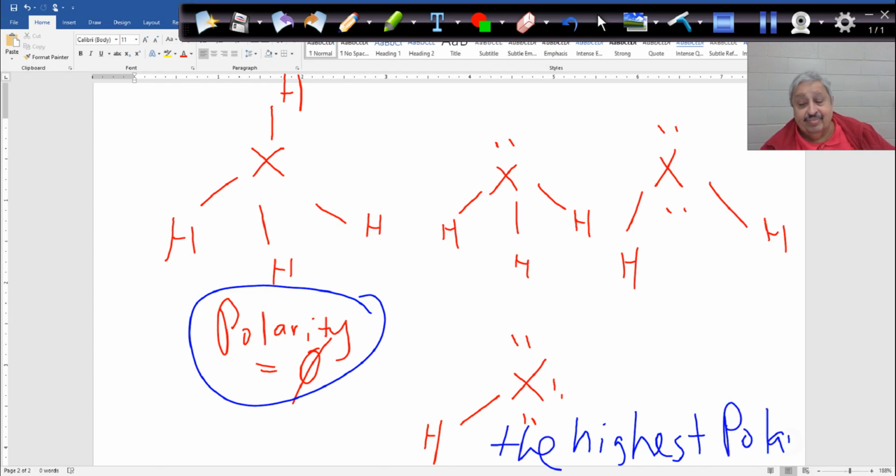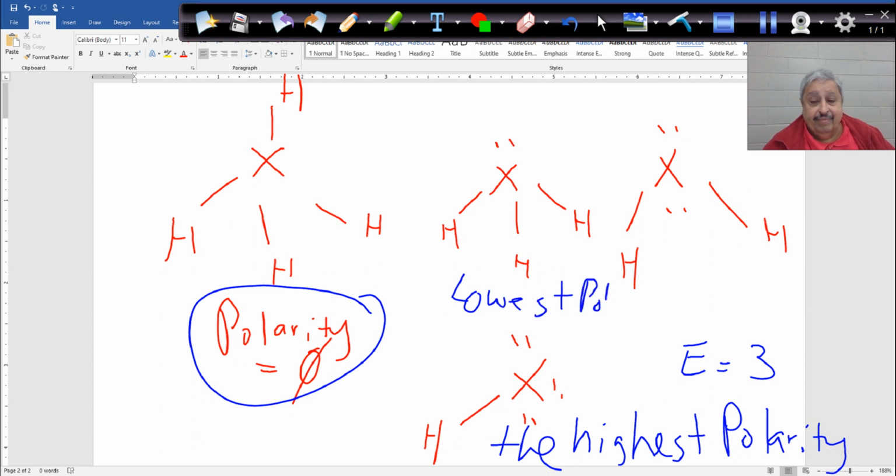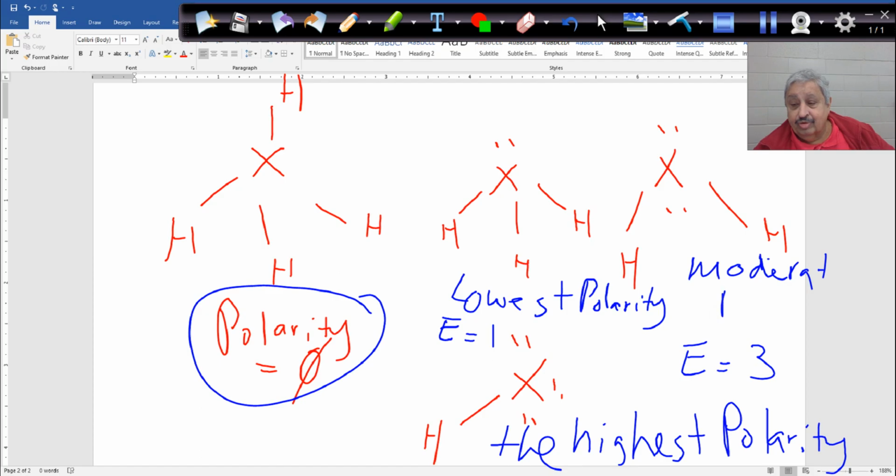Why? E3. Here is the lowest polarity. Why? E is 1. Here is moderate polarity.